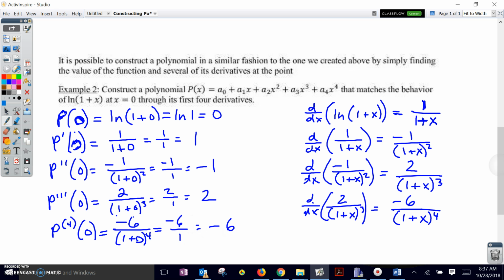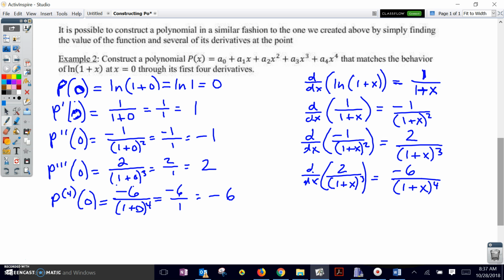And so basically now we've deconstructed this and turned this into our first example, only with different values that we desire for the coefficients.